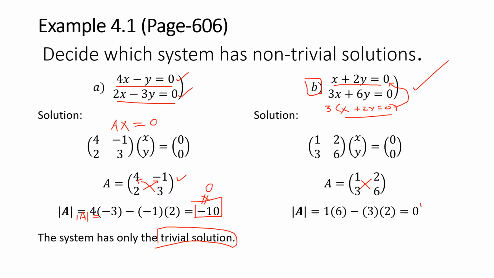So when it comes to 0, we get a non-trivial solution. Non-trivial solution means you take one variable as t and the other will come in terms of that.